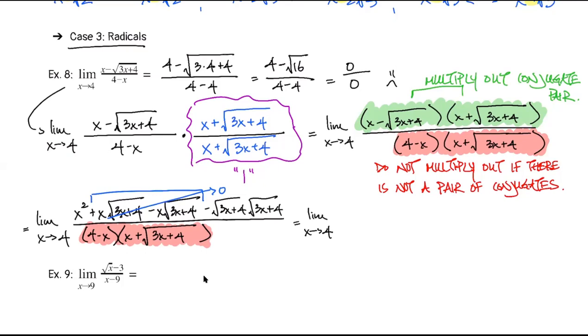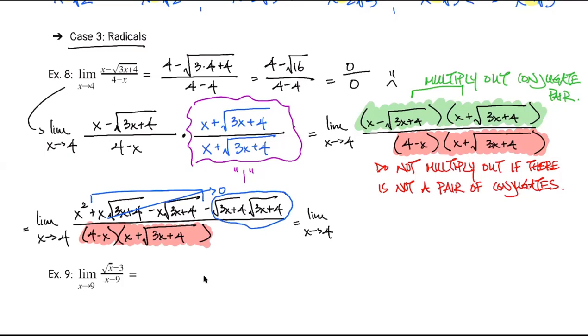Now, what else can we simplify, specifically in this last pair of terms that I'm multiplying? What can we do about this? Okay, so the root 3x plus 4 and the root 3x plus 4 should simplify to 3x plus 4.